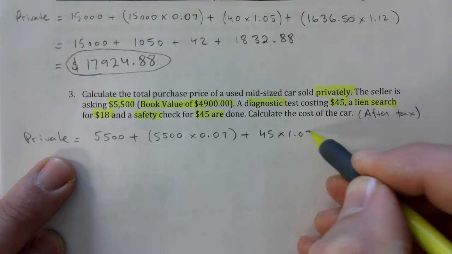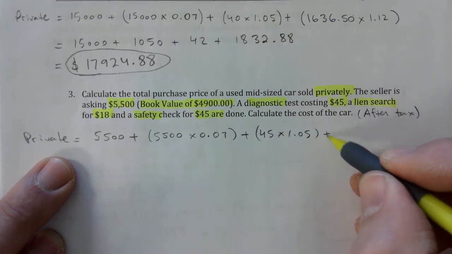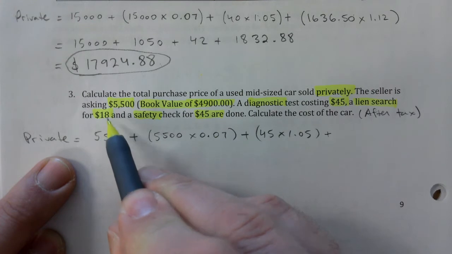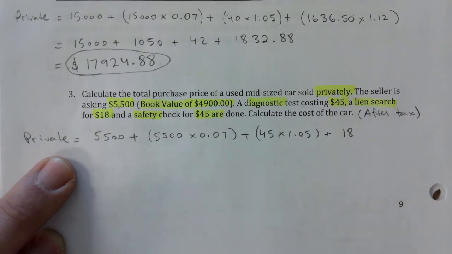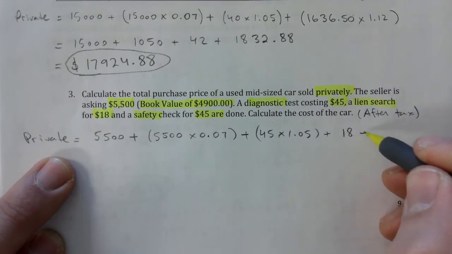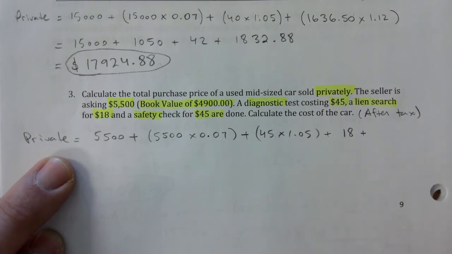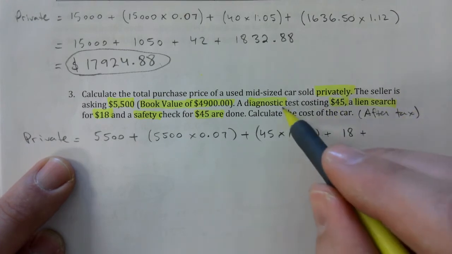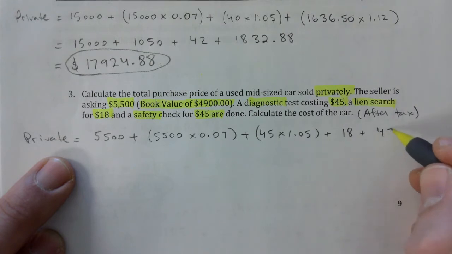You add 5% to that. The lien search, which has no taxes, so it's just 18, right? Plus the diagnostic test, which would be considered parts and labor, that gets taxed 12%.